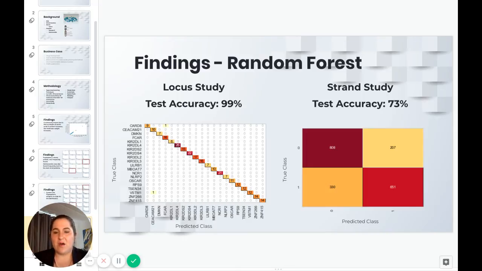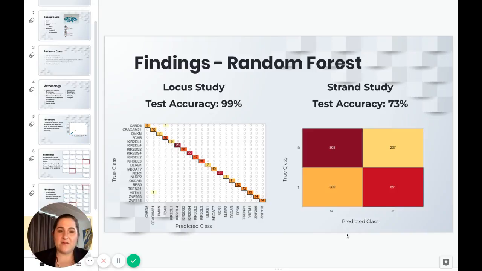And what you're seeing on this diagonal line are the proteins that were fed into the model and predicted correctly. The only two that weren't are this one here and this one here. So those would be something that we call false positives. They were positively identified, but in the wrong class. There were only 2 out of 200, and that's what drove my testing accuracy to 99%.